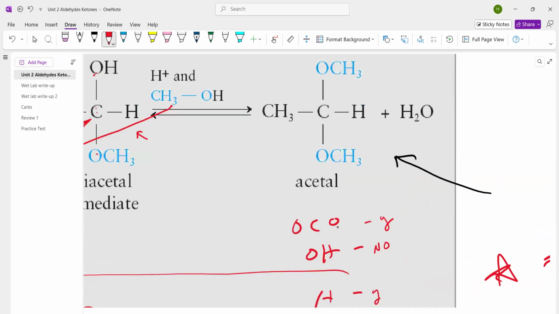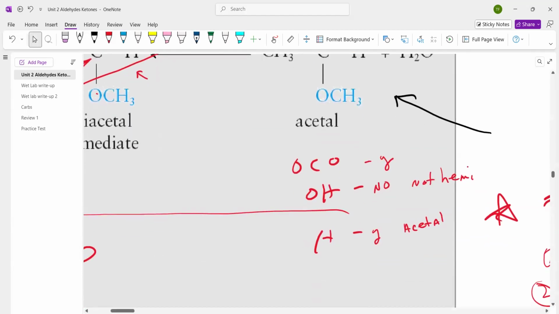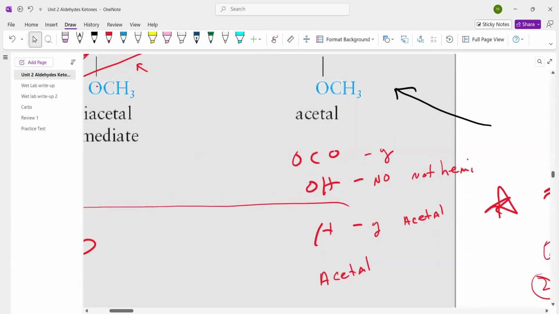Yes. Okay, so with no OH, that means it's not a hemi. H is present, that means it's an acetal, not a hemiacetal. Now you're going to have to practice this.